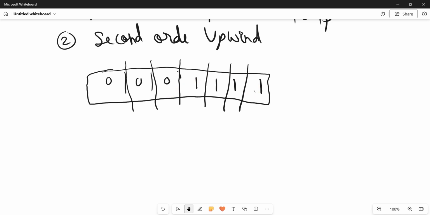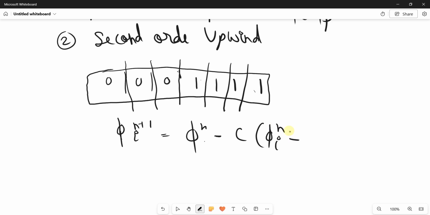Okay, so for finding the parameter value at the next iteration, I'll write the formula. It is phi at n, that is the first iteration, minus c times phi i at n minus phi i plus 1 at n, right?